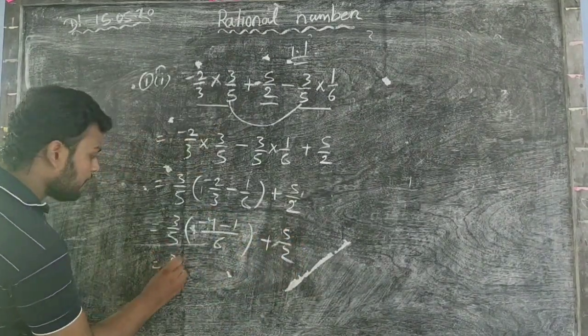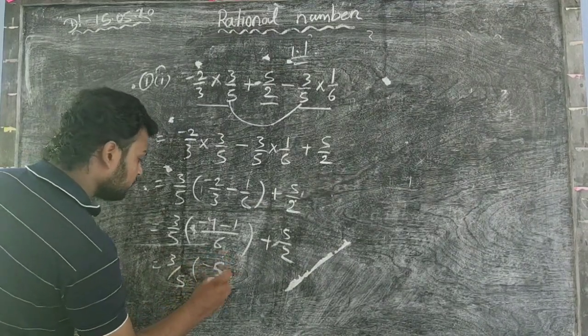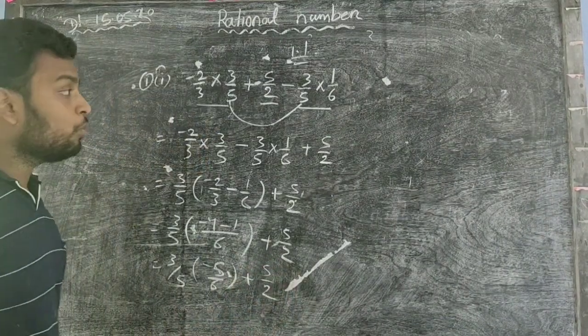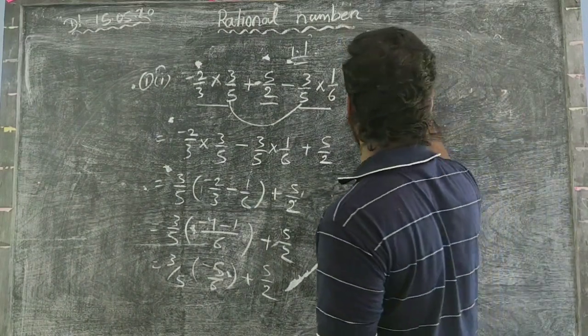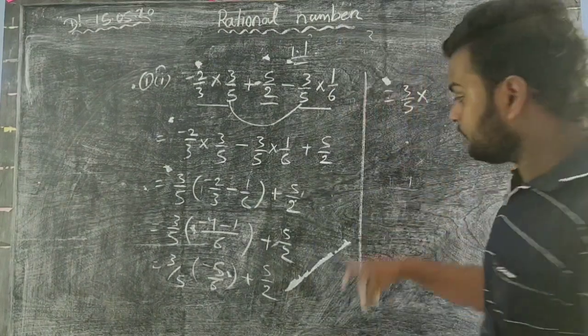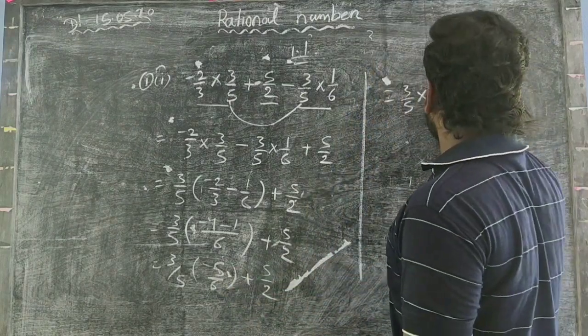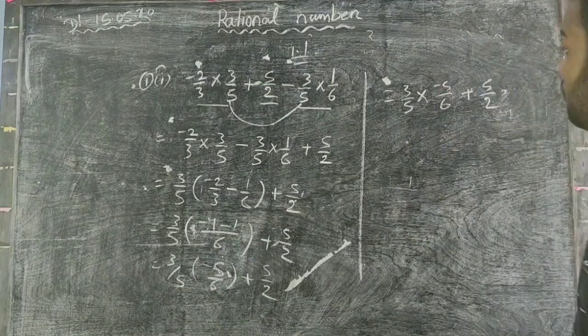This is equal to 3 by 5. This is minus 5 by 6 plus 5 by 2. Then this is equal to 3 by 5 into minus 5 by 6 plus 5 by 2.